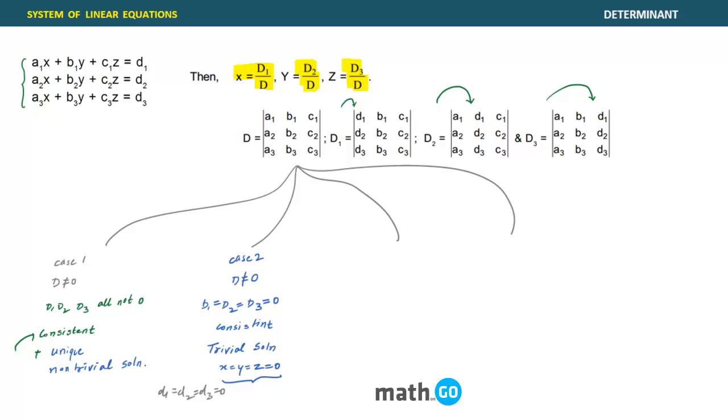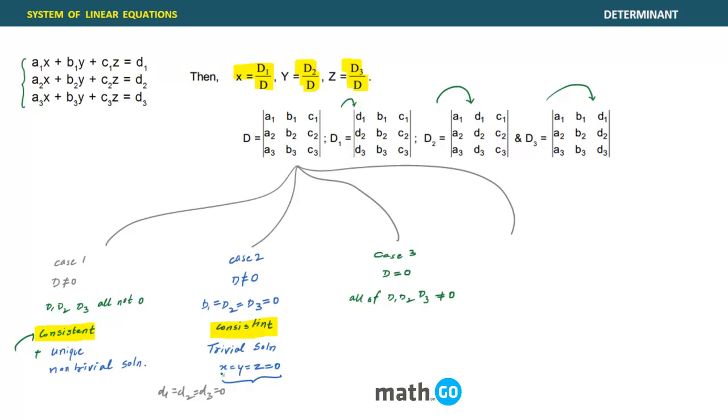Now let's talk about case 3. We have taken the cases where d was not equal to 0. For d not equal to 0, one thing is for sure: it is consistent. Now the third case is when d becomes 0. Let's take all of d1, d2, d3 not equal to 0.